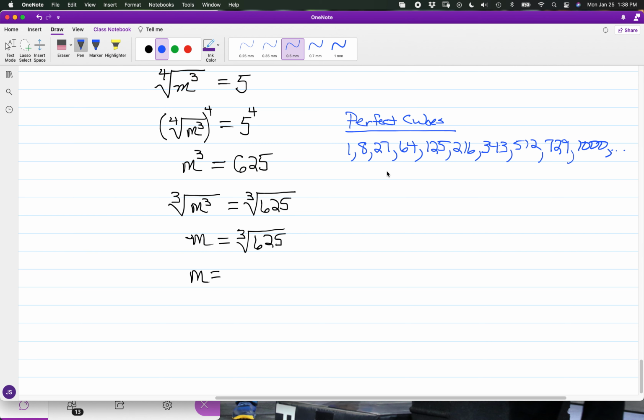Now the cubic root of 625 is, again, not listed among the perfect cubes. But if I factor 625, the highest perfect cube that will go into it is 125.